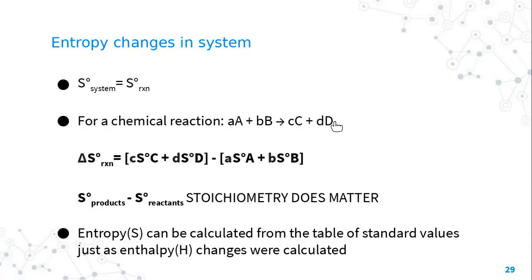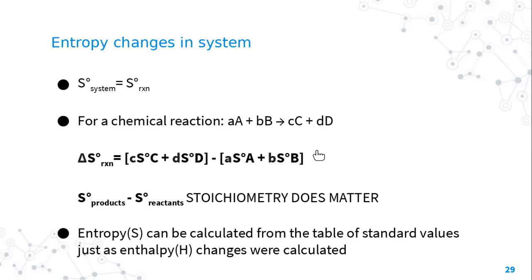So C and D are our products, right? The lowercase letters represent the coefficients that would be to your letters, your elements and molecules in this equation. And so we're going to take our C, our coefficient for this molecule, and we're going to multiply it times the standard entropy value of that molecule that you would get from the standard entropy table that will be provided to you.